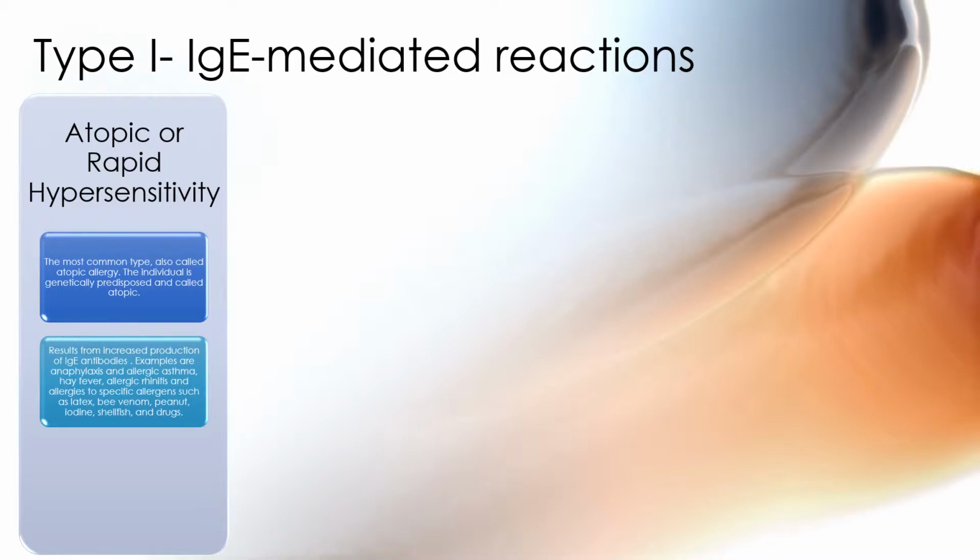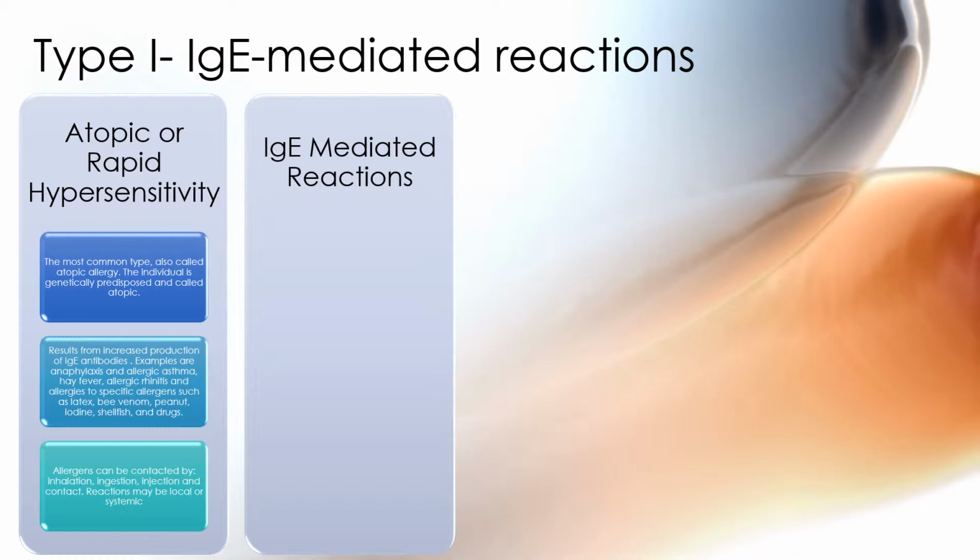Examples are anaphylaxis and allergic asthma, hay fever, allergic rhinitis, and allergies to specific allergens such as latex, bee venom, peanuts, iodine, shellfish, and drugs. Allergens can be contacted by inhalation, ingestion, injection, and contact. Reactions may be local or systemic.